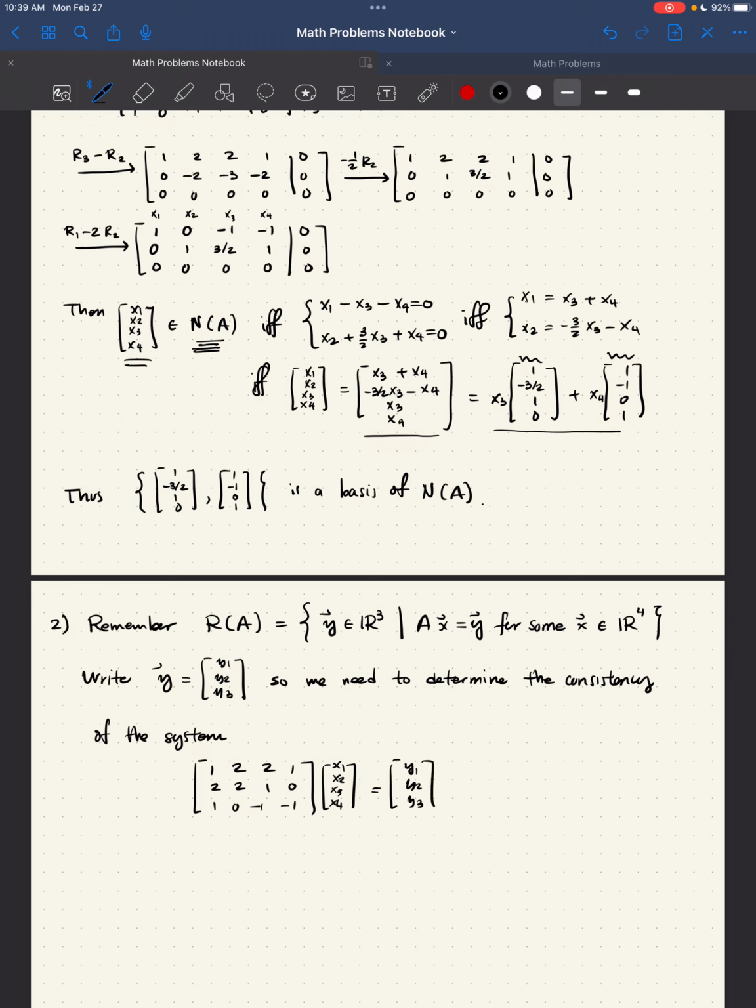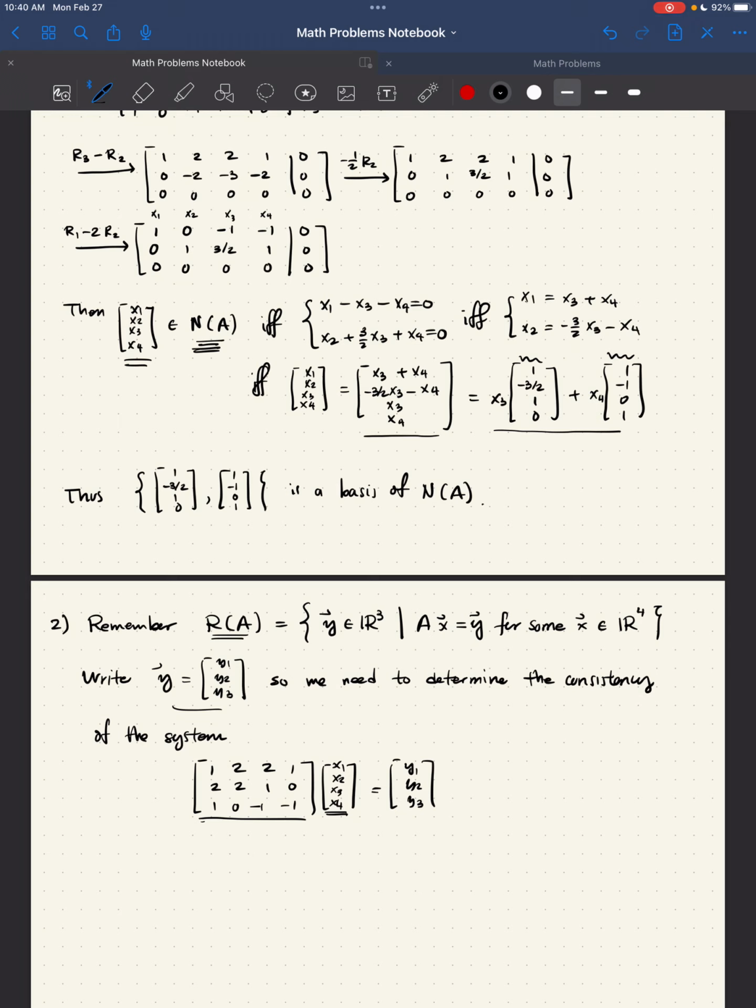Why is this? Because in order for a vector to be in the range of A, it should come as the product of another vector in R4 with this matrix. Right? So, how is it that we can proceed?